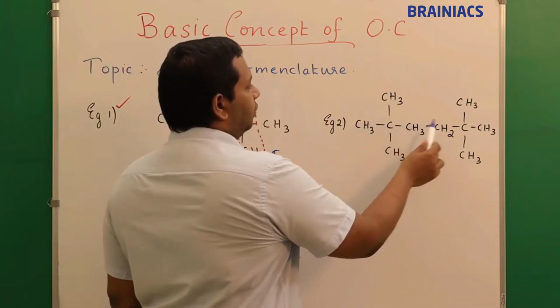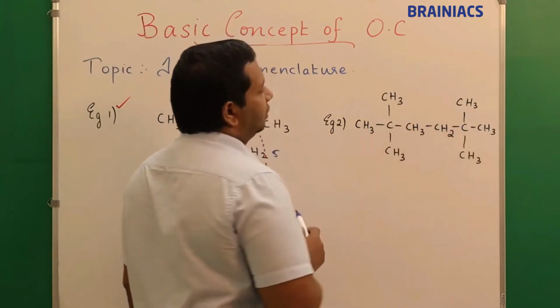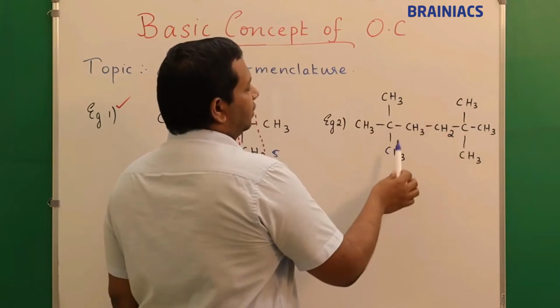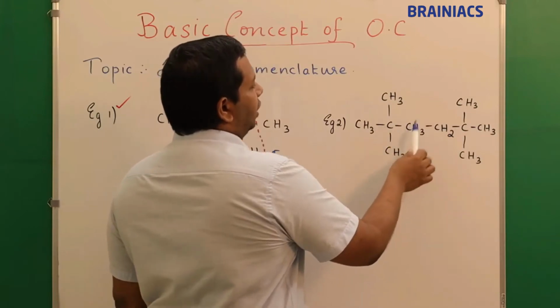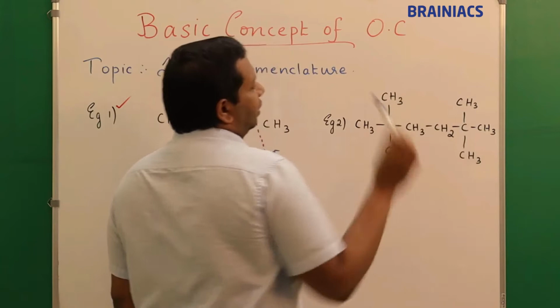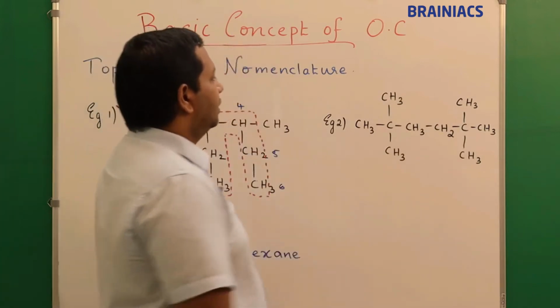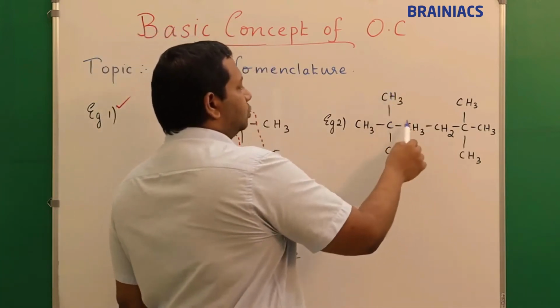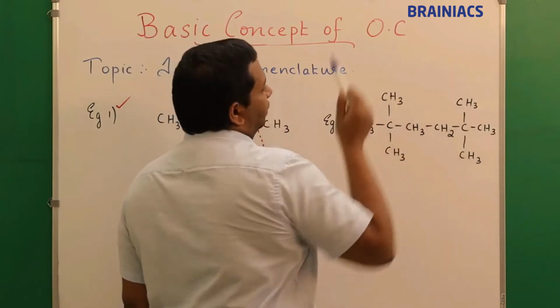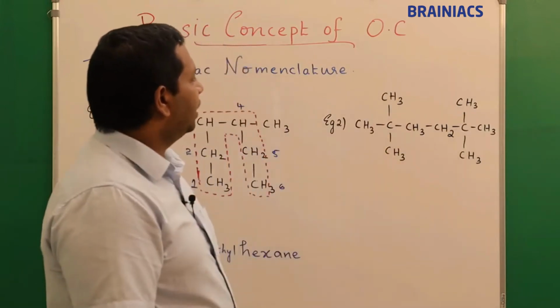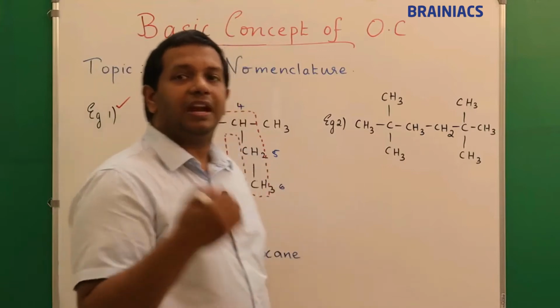So I am trying to do that. 1, 2, 3, 4, 5, 6, then I get 6. Here if I go like this, 1, 2, 3, 4, 5, 6, I also get 6. If I go like this, 1, 2, 3, 4, 5, 6, again 6. Do we get any possibility greater than 6?